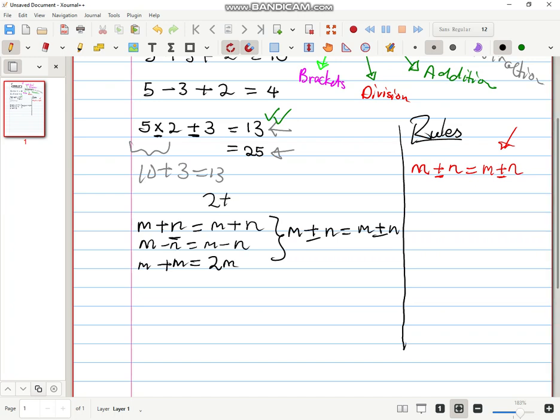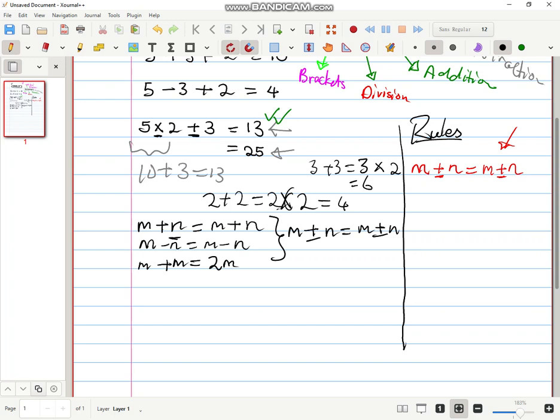For example, 2 plus 2 is going to be 2 times 2, which is 4. 3 plus 3 is going to be 3 times 2, which is 6, right?